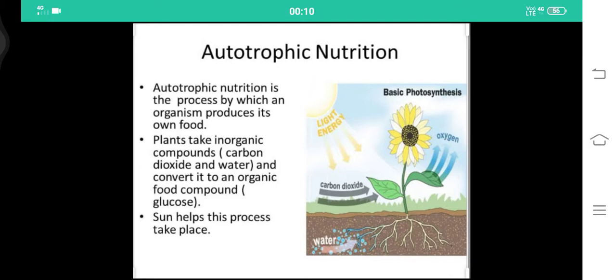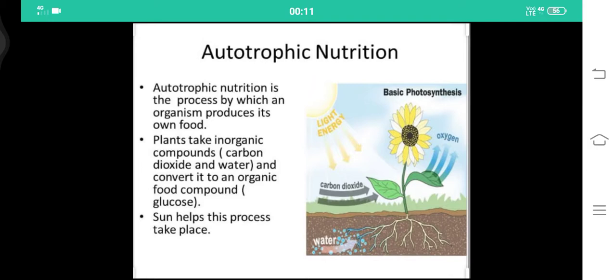So, what is the definition? Plants take inorganic compounds. You are 10th standard children. You have to understand what are organic compounds and inorganic compounds. The plants take inorganic compounds. Which are the inorganic compounds? Recall once again what are the raw materials required for photosynthesis? Carbon dioxide. What is the main source of carbon dioxide?